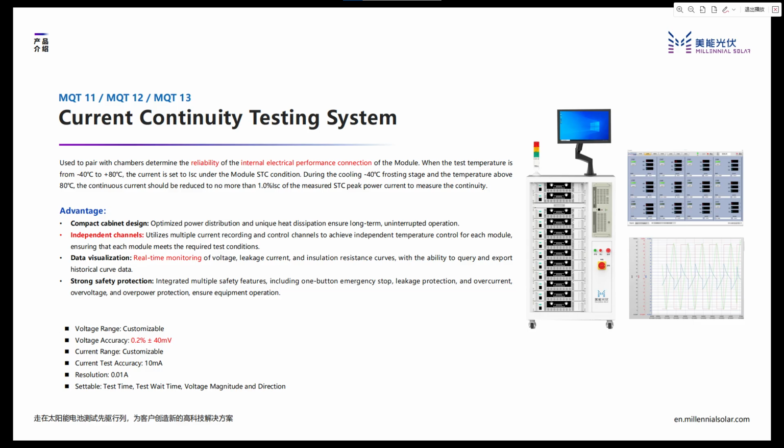This device is paired with the chambers to determine the reliability of the module's internal electrical connections. The power supply's channels are independently made, and another perk is that you can monitor the voltage in real time, and its voltage accuracy is 0.2%, plus and minus 240.